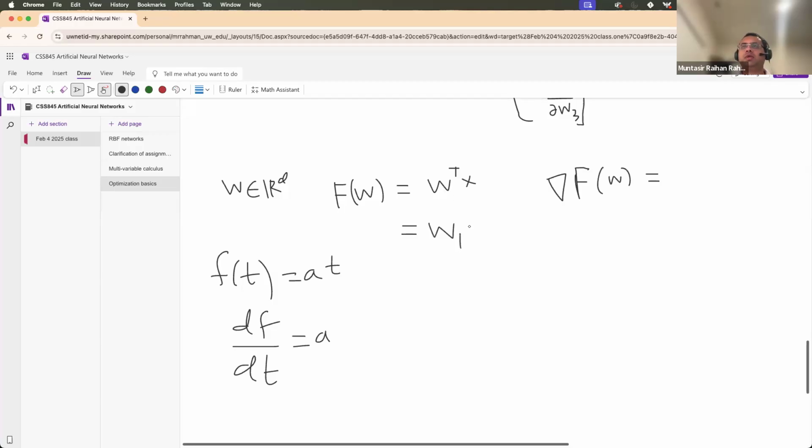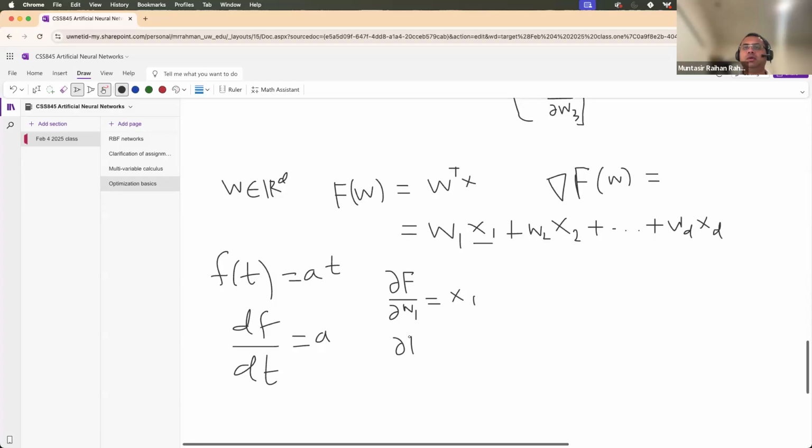So if this is a dot product, we know that we can write it as w1 x1 plus w2 x2 plus dot dot dot plus wd xd. And now we just need to take the derivative of this with respect to each parameter. So what is going to be the derivative with respect to w1? If it's w1, then everything else is constant, and we just take x1. That's the only value here, right?